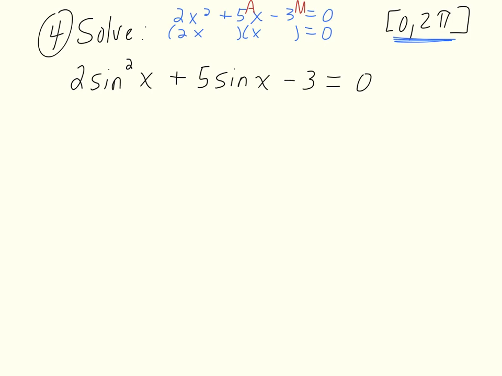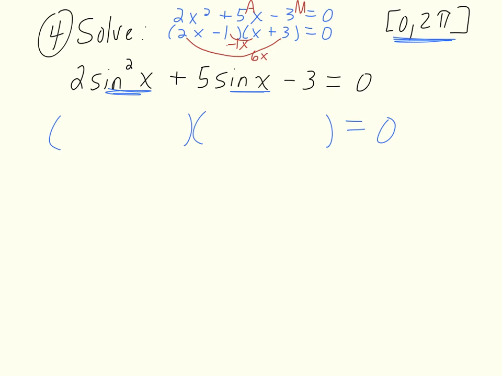So if we were to do the add-multiply game here, this would end up being a -1 and a +3, because on the outside we would have a positive 6x, on the inside a -1x, which combines to that positive 5x that we need. So that's what we would do if it were a tricky trinomial. Well guys, this is really no different. Instead of just a plain x, we have a sine of x.